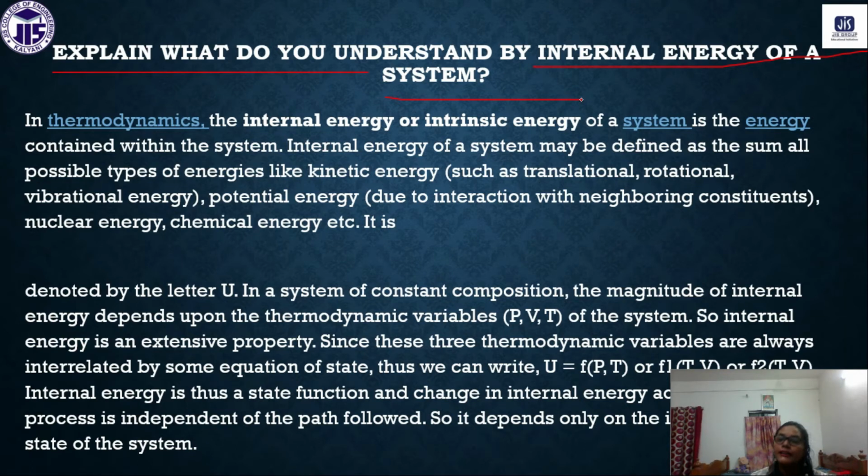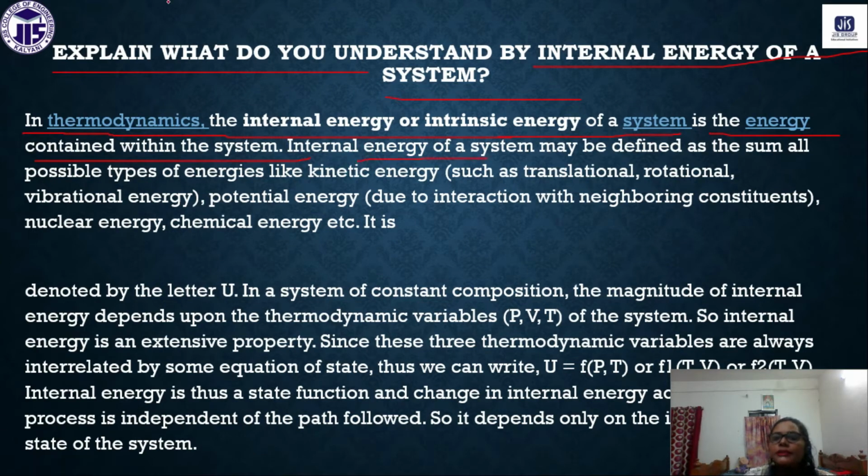There are different types of kinetic energy. All this kinetic energy plus potential energy accumulates, and that gives us the internal energy. In thermodynamics, the internal energy or intrinsic energy of a system is the energy contained within the system.